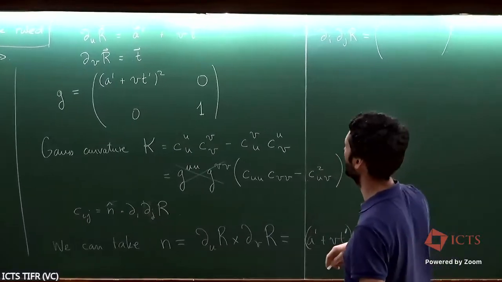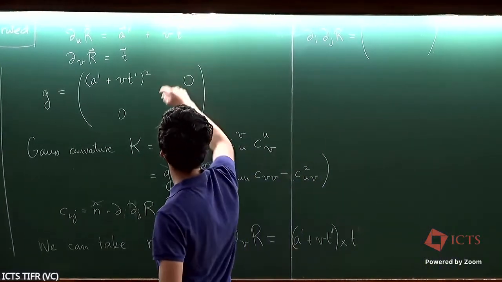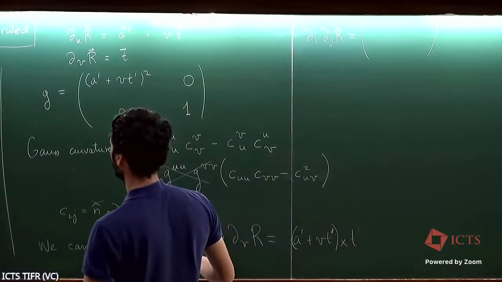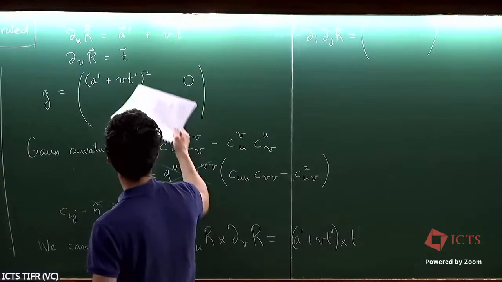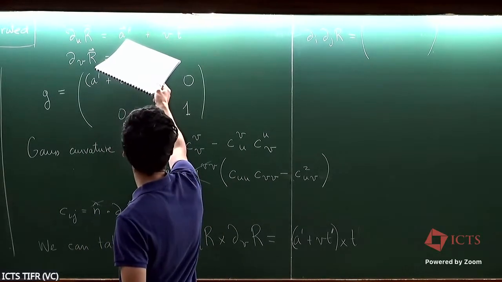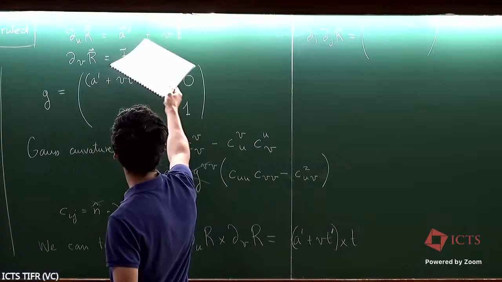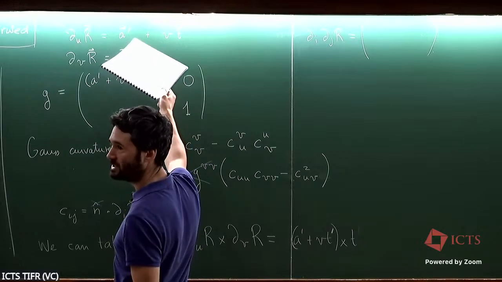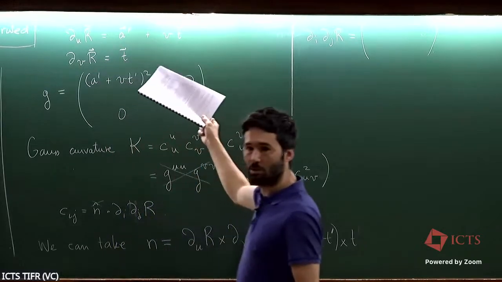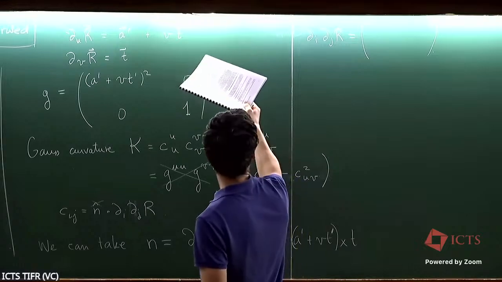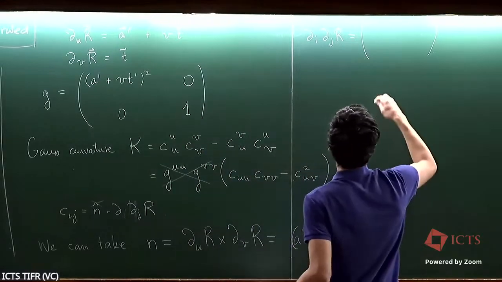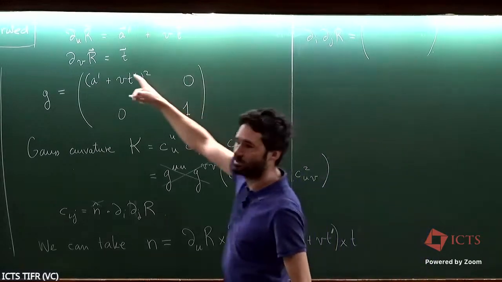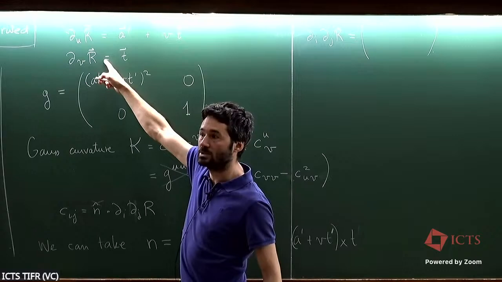If I derive twice with respect to U, I have A double prime, and since A prime is normalized... the idea is that the second derivative with respect to V is 0.